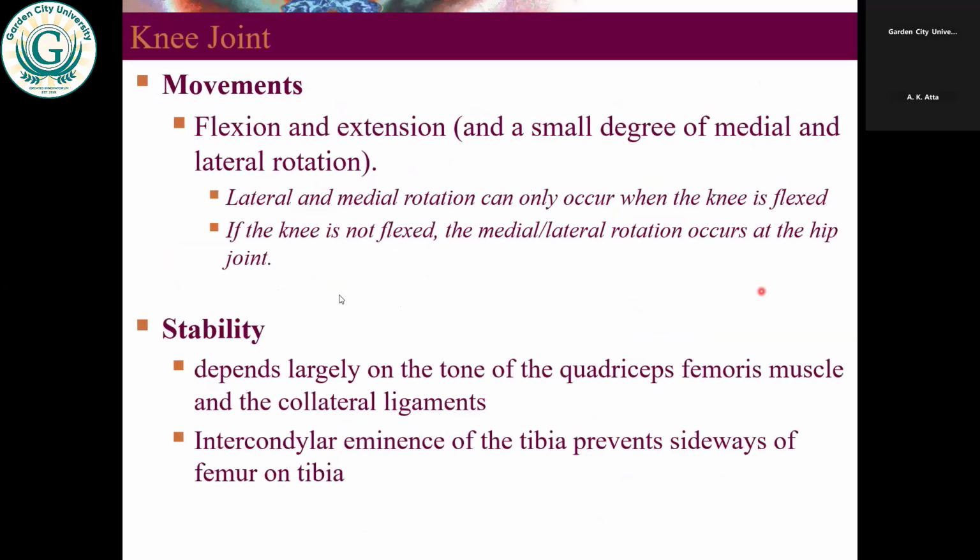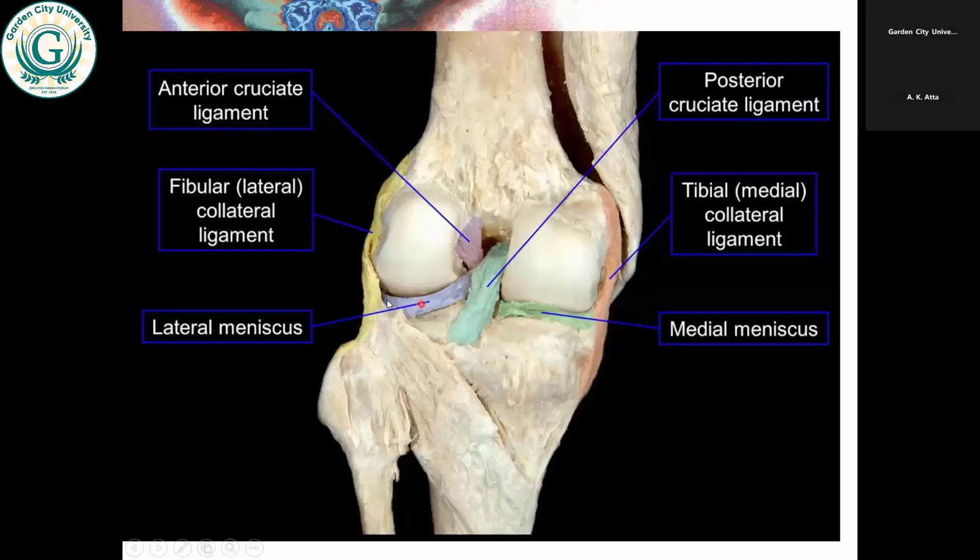So when there's a blow on this side here, it's going to tear the meniscus. It's going to tear the anterior, we are looking at the back, the anterior cruciate ligament, which is this one. Then of course, the tibial or medial collateral ligament.